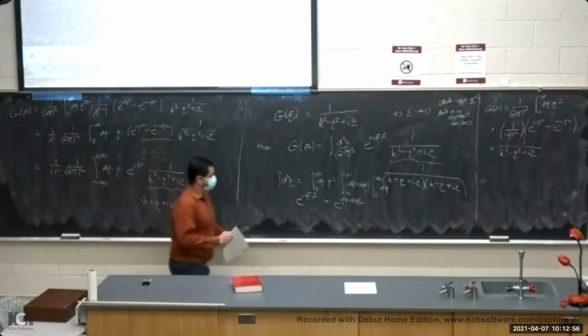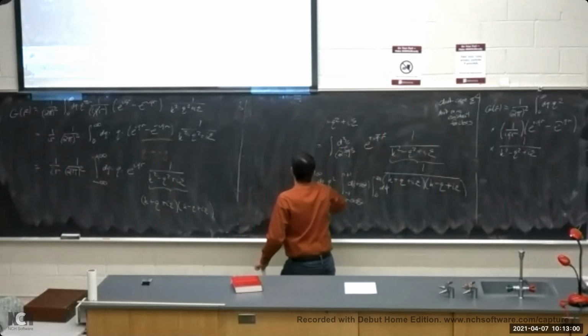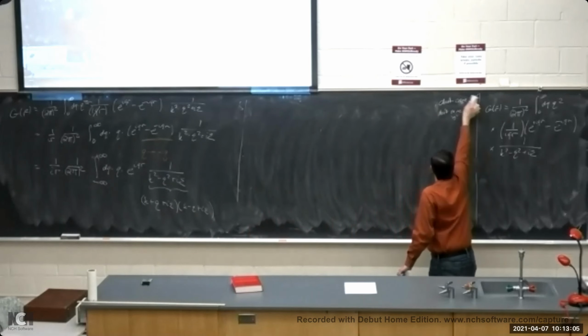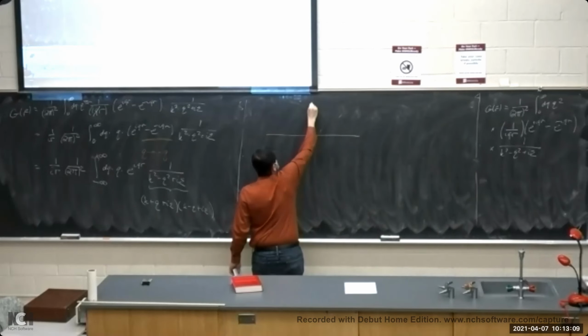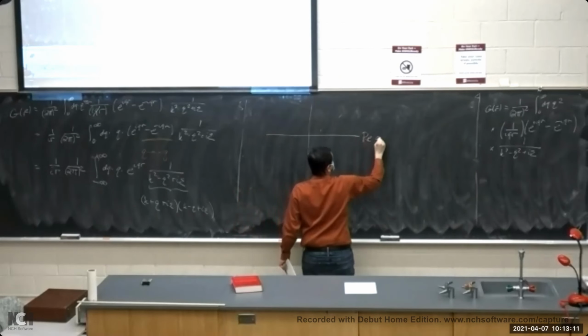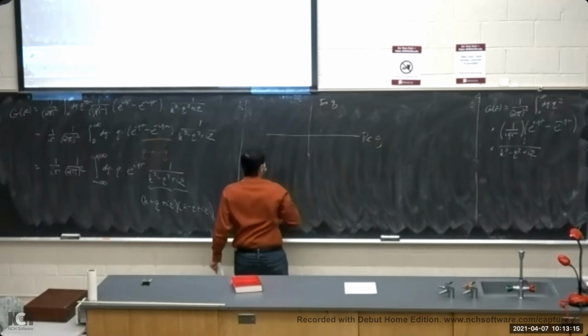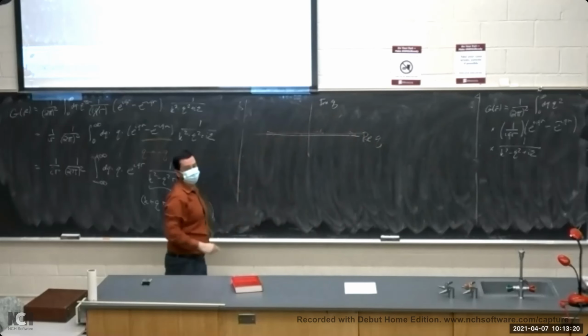So how does the contour integration look for this? My contour integration is running along the real axis. q goes from minus infinity to plus infinity.